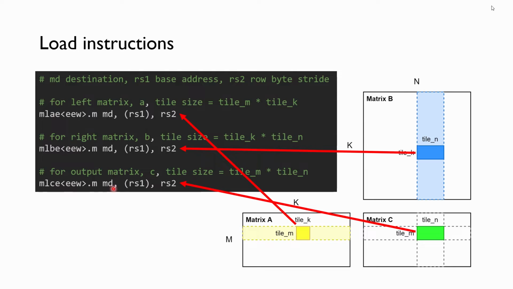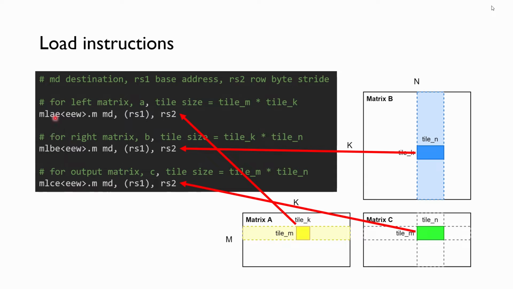The general purpose register RS1 gives the base memory address of the tile, and the value in general purpose register RS2 gives the row size in bytes. That means the gap between two consecutive rows.